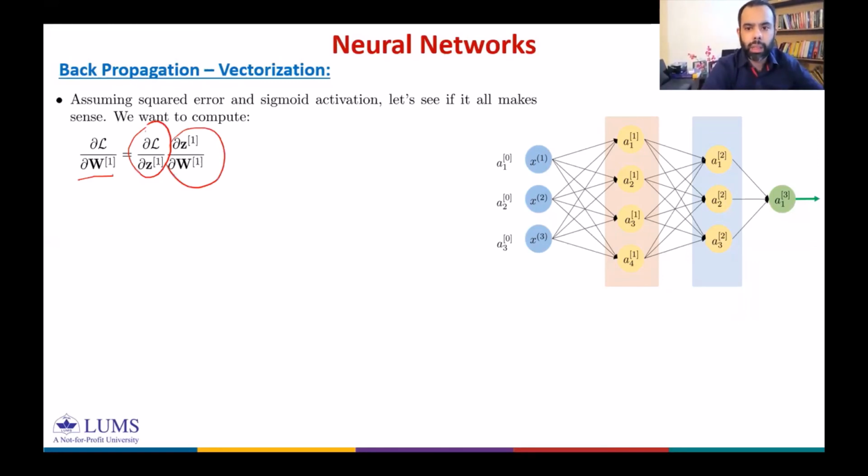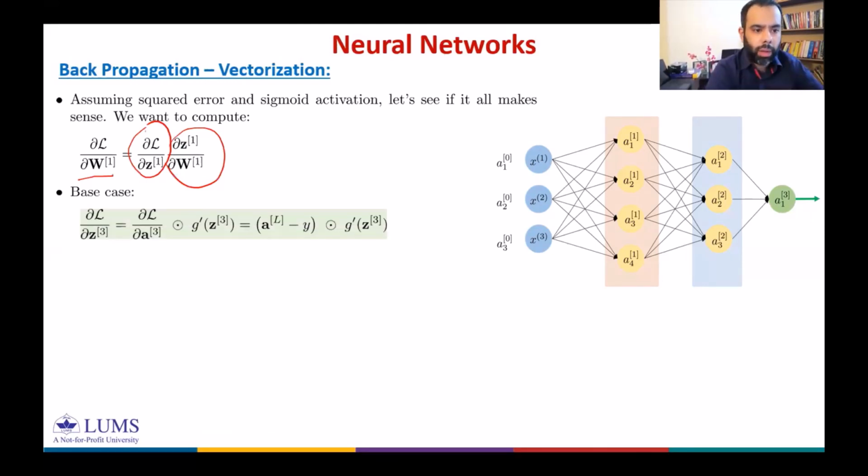The base case is this. Derivative of loss function with respect to Z3 would be this times sigmoid derivative. Right? And if you're using squared loss, this would be AL minus Y, right? And this would be simply a derivative of the sigmoid.